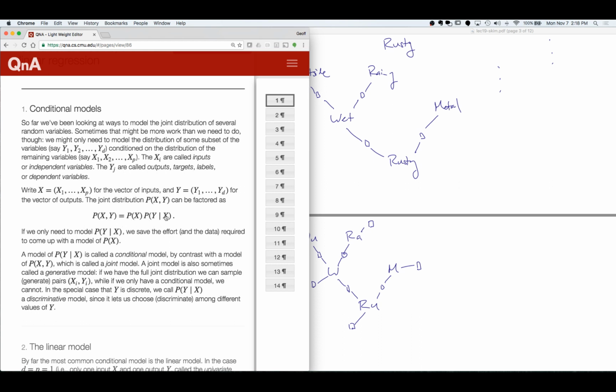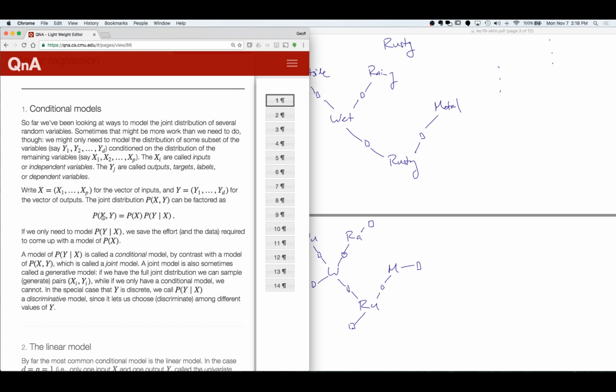So if we just need P of y given x, we can avoid modeling P of x and save ourselves some parameters that we need to fit this distribution. And therefore, hopefully that will mean that we can get away with using less data. And so this sort of model, P of y given x, is called a conditional model, as opposed to P of both of them, x and y, which is called a joint model.